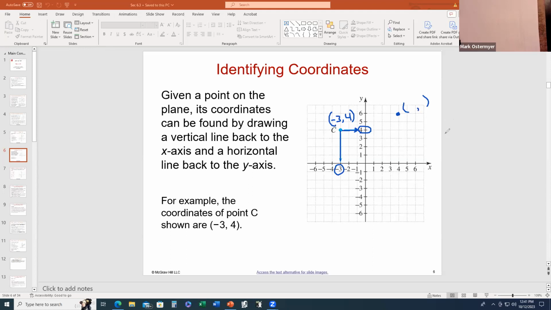X would be 4 and Y would be 6. That's correct. So we have the point 4, 6 plotted. Is this making sense? Project this straight down to the x-axis. You strike the 4th tick mark. That's its X coordinate. Projected horizontally back to the Y-axis, you strike the 6th tick mark. That's its Y coordinate. 4, 6.